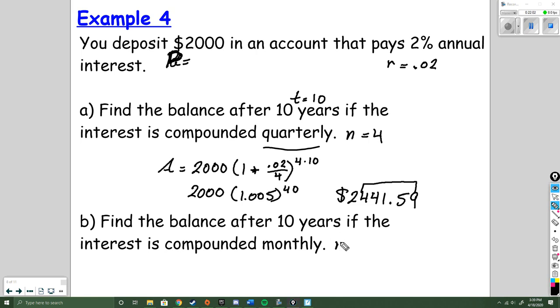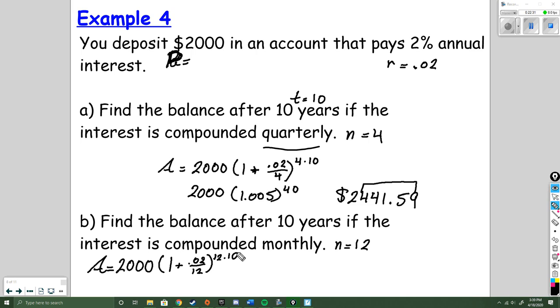So that would be 12 times in a year. That would change these values dramatically. So we have 1 plus 0.02 on 12 to the 12 times 10 power.